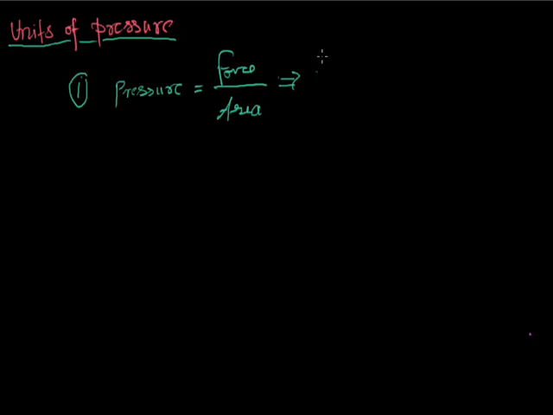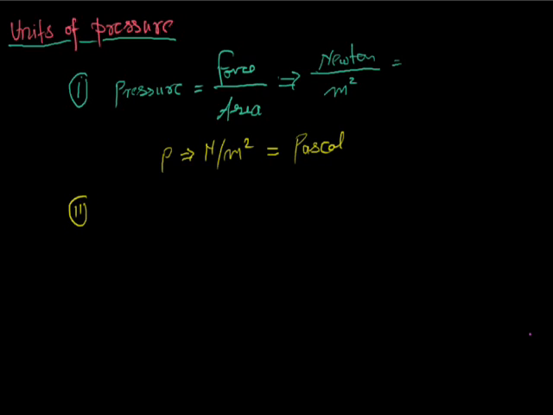Unit of force is Newton and unit of area is meter square. That is Newton per meter square. It is called Pascal. P, unit of pressure is Newton per meter square is equal to Pascal.